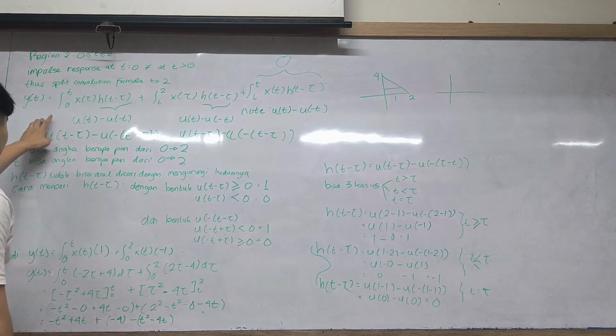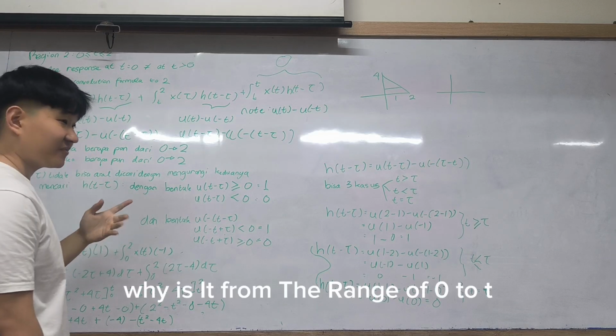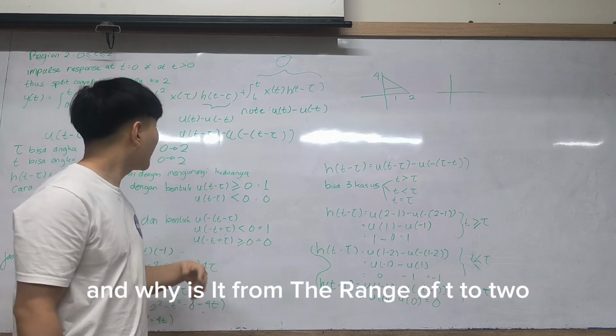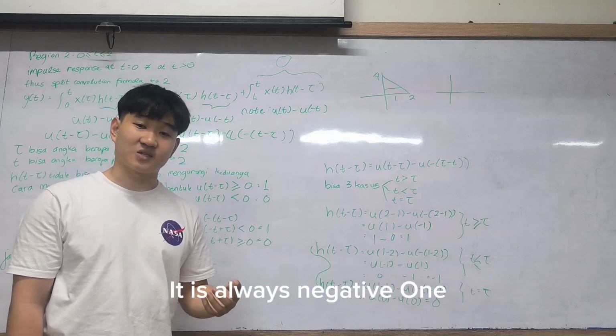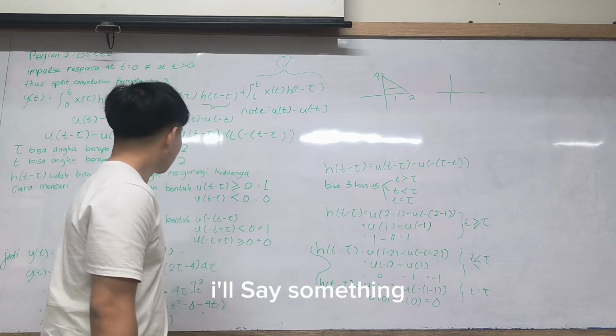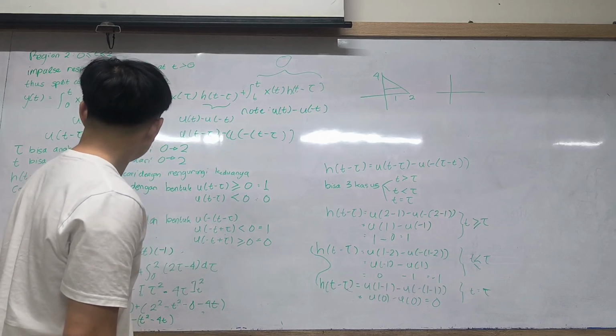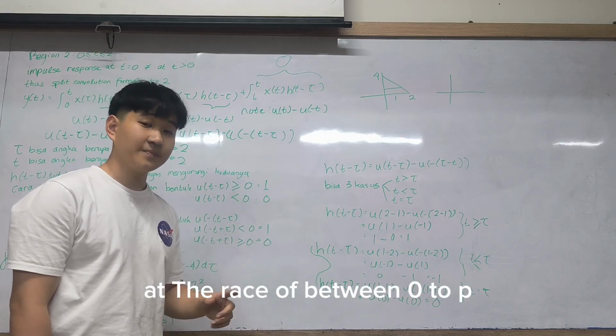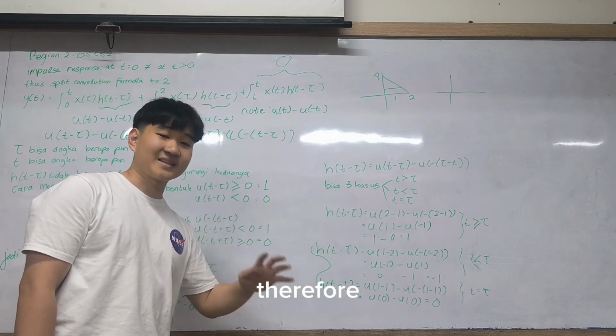And why is it from the range of 0 to t, it is always positive 1? And why is it from the range of t to 2, it is always -1? And that seems kind of random, some would say. And the reason is because at the range of between 0 to t, it is always greater than 0.